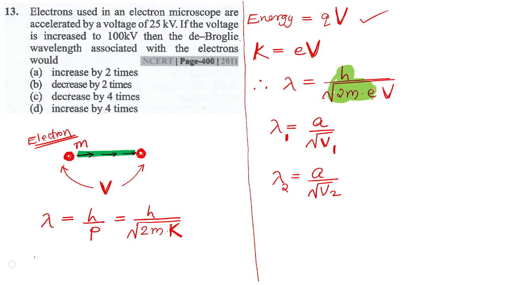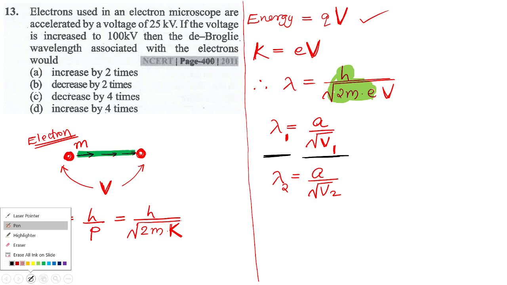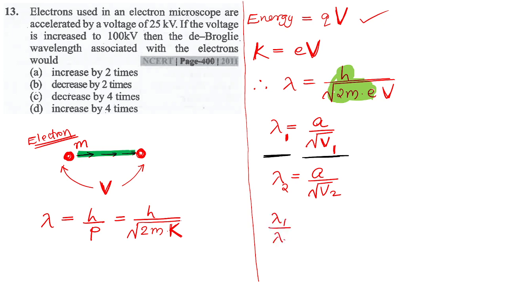Taking the ratio, since I want the ratio: lambda 1 by lambda 2 is equal to A by root V1 into root V2 by A. A is a constant, so it will be cancelled.